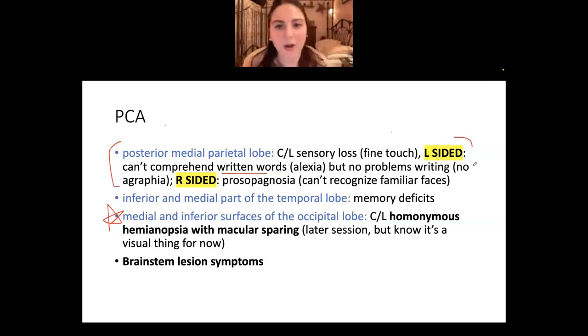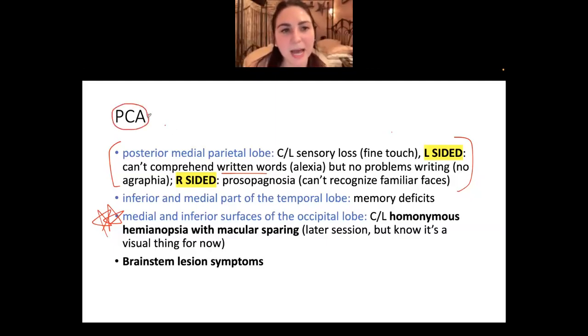And I always tell people who ask how they're going to remember all this: you will never see a PCA stroke without these visual symptoms. And you'll learn what homonymous hemianopsia with macular sparing means. When you see that described in a vignette, you'll know this is a PCA stroke. You don't even have to worry about anything else, honestly.